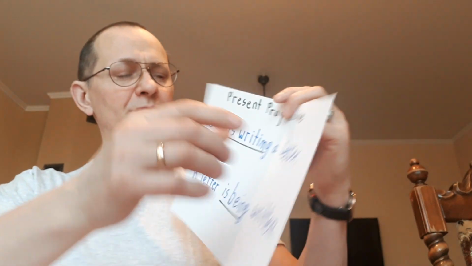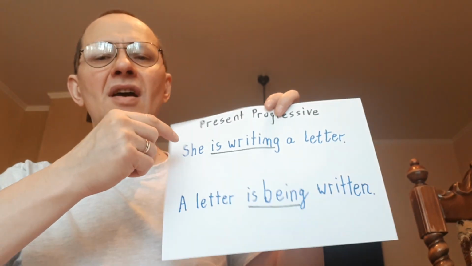Now let's have a look at a progressive aspect sentence. For example, she's writing a letter, so she is the subject in the active sentence, and is writing, this is present progressive, and a letter is, you will remember, the object in the active sentence.